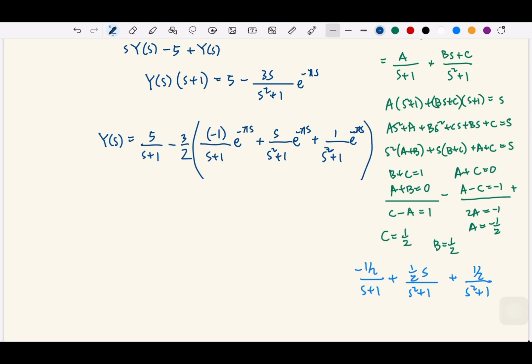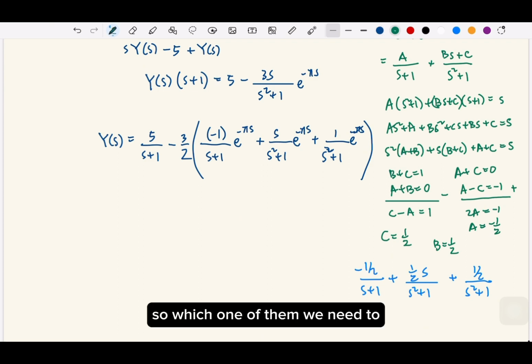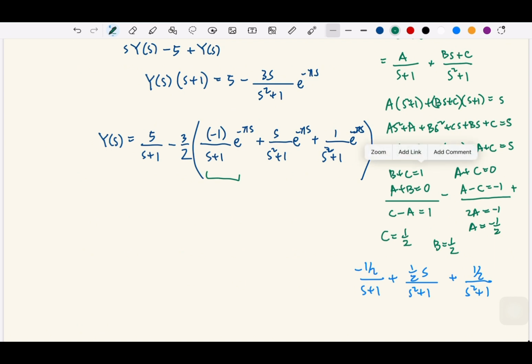Okay. So each one of them we need to compute.